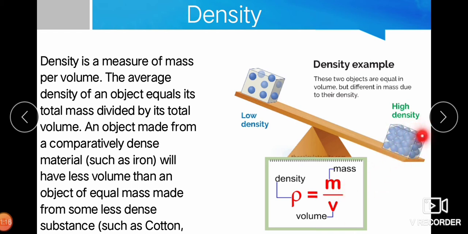Iron-like objects will be very heavy if they are filled in the same volume. Iron molecules are very close and they occupy more mass in the same volume V. So the heaviness of the object in the same space is given by density.